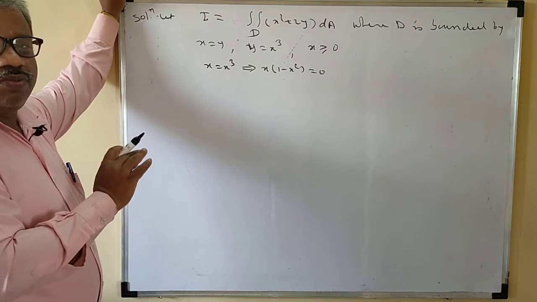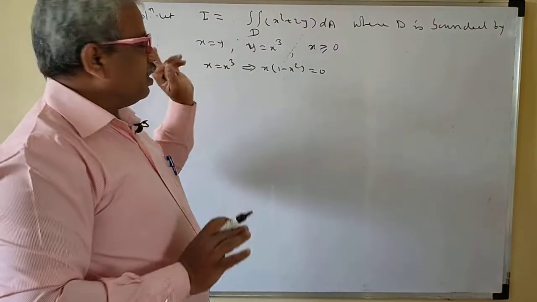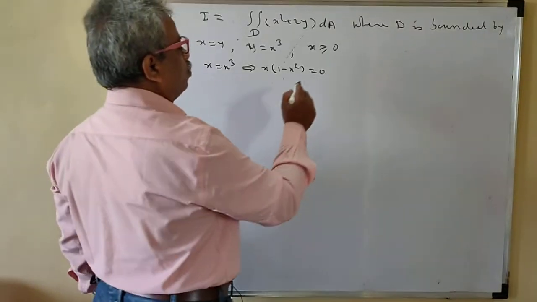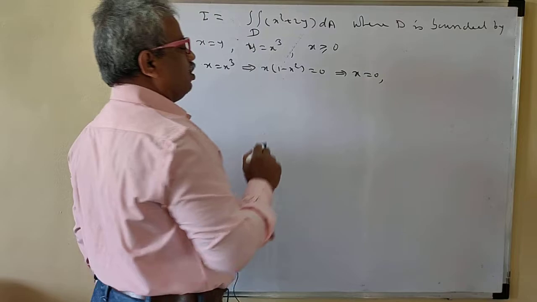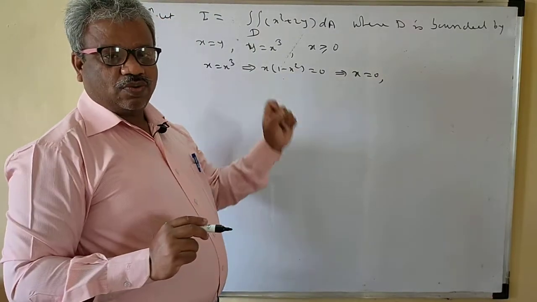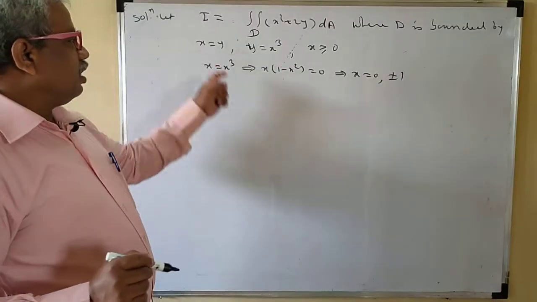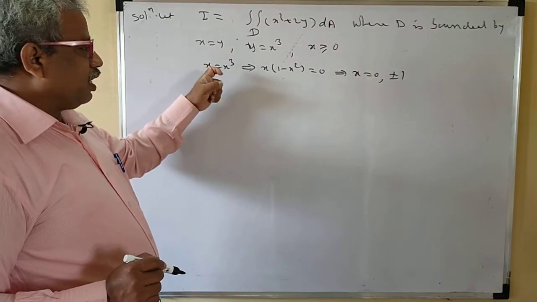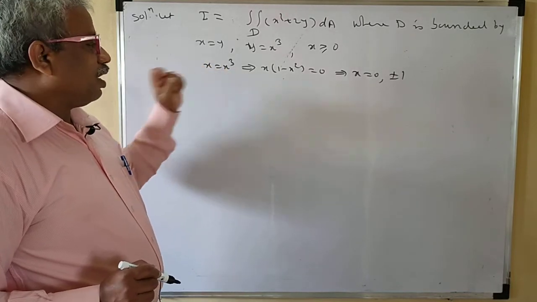Directly you can write the value, but we need to find the points of intersection. How you are solving that part is not important. So this implies x is equal to 0, and x square is equal to 1, so that means plus or minus 1. See, these satisfy this equation. 0 satisfies this equation. If you put x equal to 1, 1 is equal to 1. If you put x equal to minus 1, then minus 1 equals minus 1.